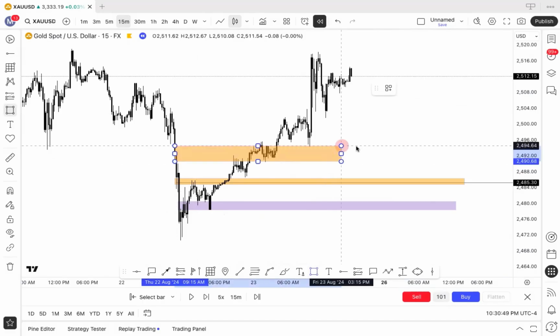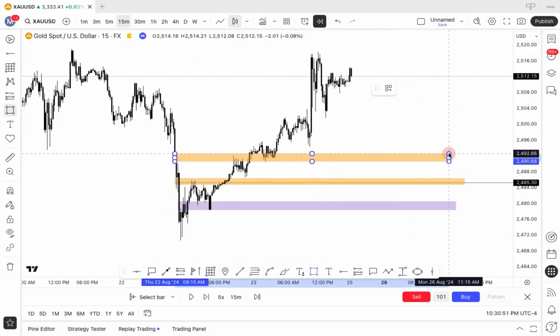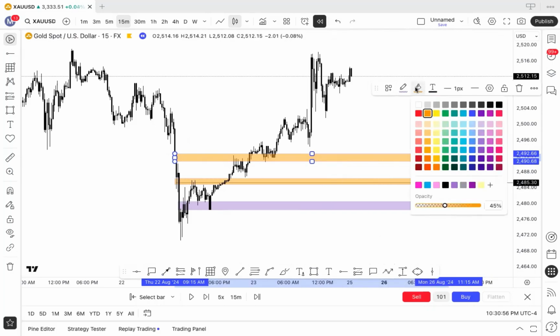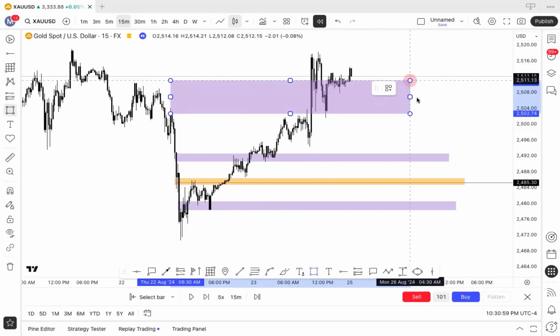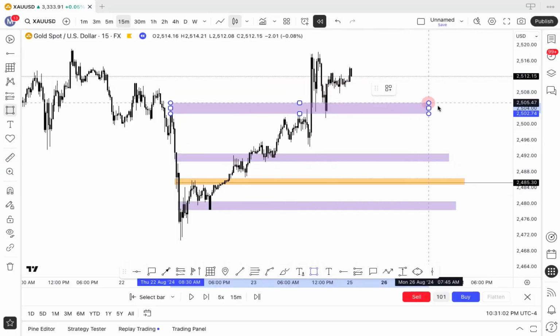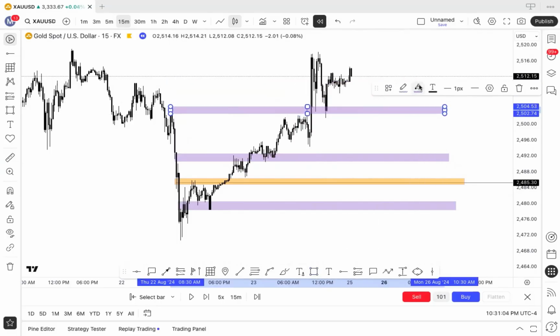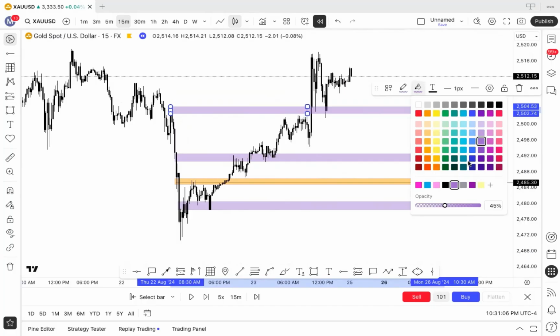So we have this. I'm just going to make them different colors so we can analyze this a little bit better. All right, and again, guys, I am just marking levels that have been touched multiple times. Okay, I want to show you guys this concept first, and then we'll go on to actually drawing specific zones.